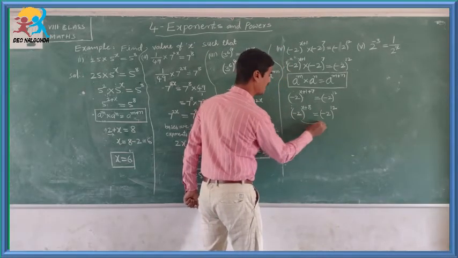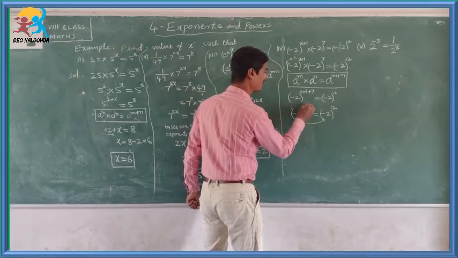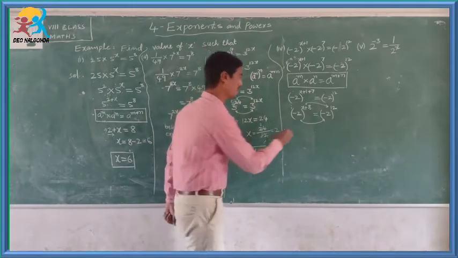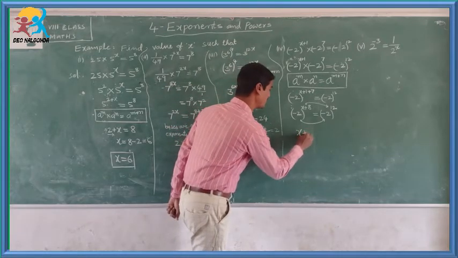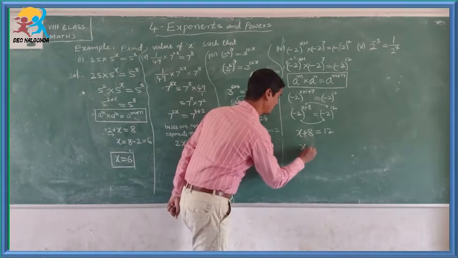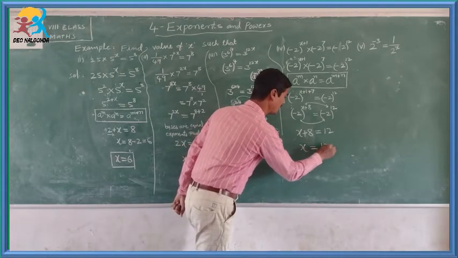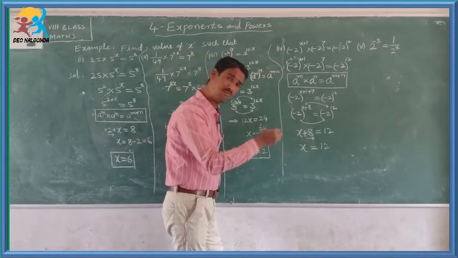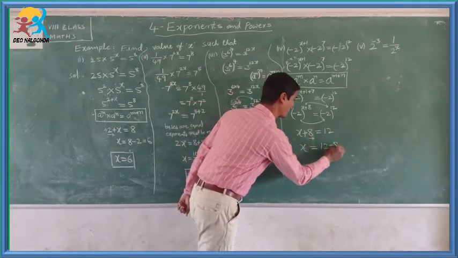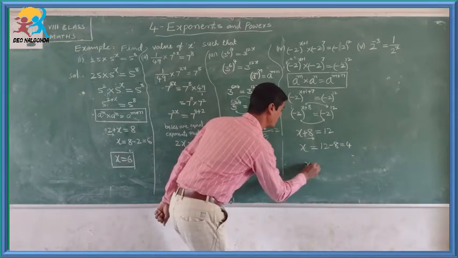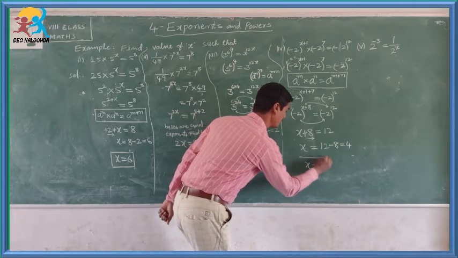So here the bases are equal. What happens? Exponents should be equal. So x plus 8 is equal to 12. If you transfer plus 8 to the right side, it becomes minus, 12 minus 8 equals 4. So x equals 4.